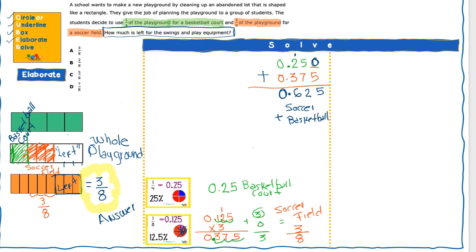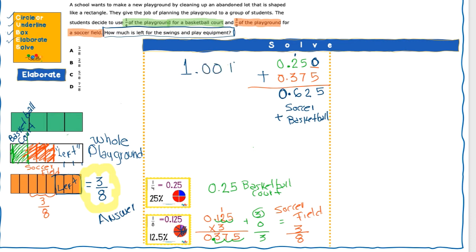Okay, so now if we look at this rectangle that we have on the left side, remember the question is just how much is left. And this section left will be everything in this rectangle, but not this green section and this orange section. So we're gonna subtract from the whole playground. It will be the number 1.